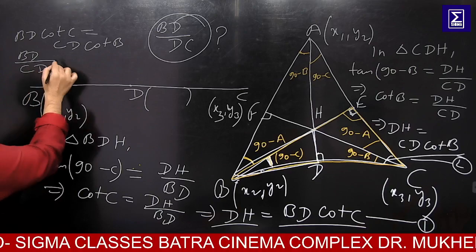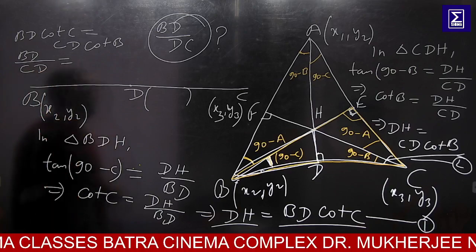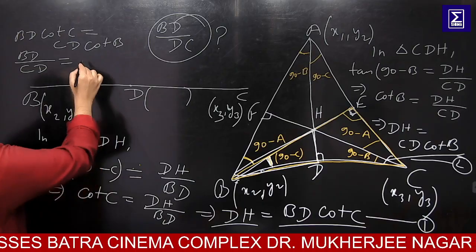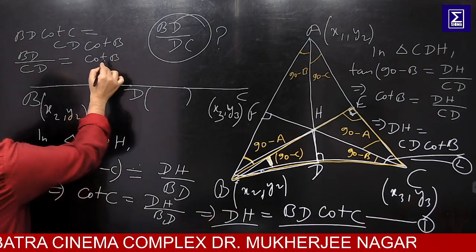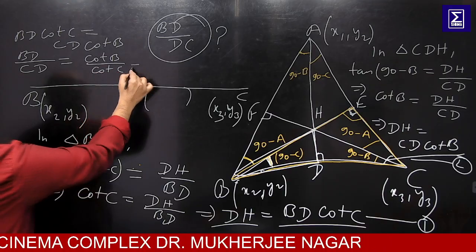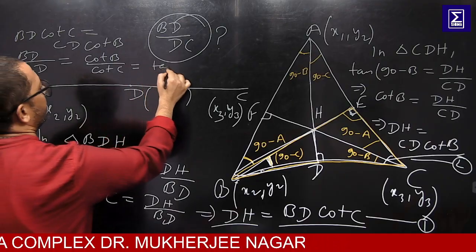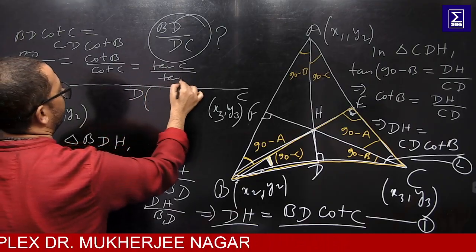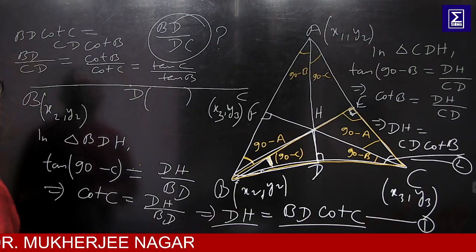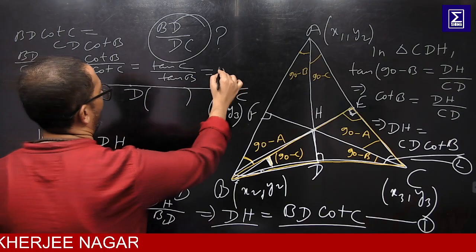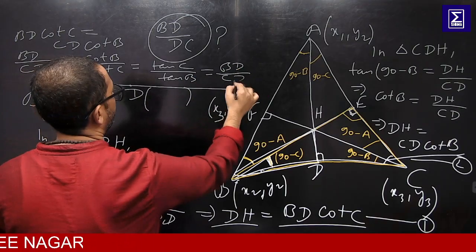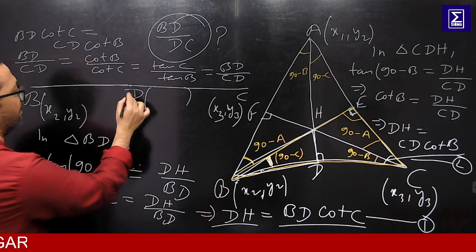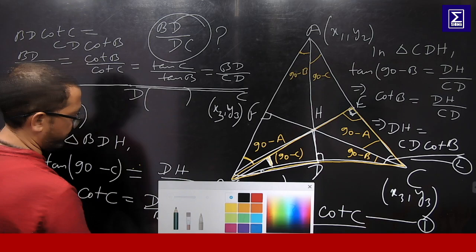So what would be BD upon CD? Tell me fast. Cot B upon cot C. Can we write here tan C upon tan B? Yes. What does this mean? This is BD and this is CD.